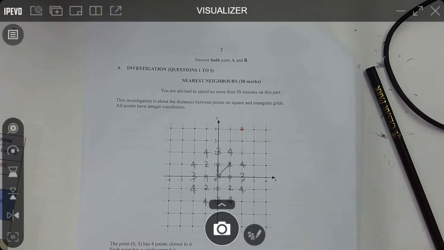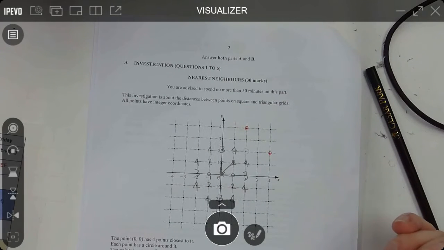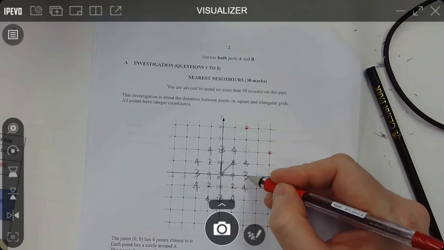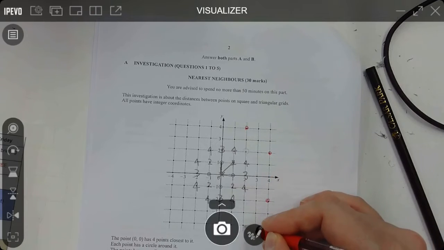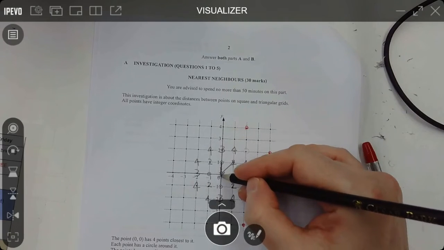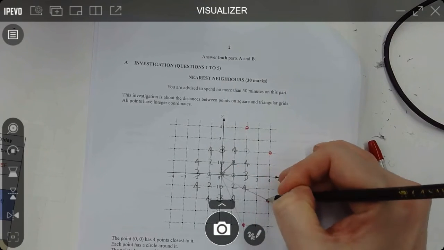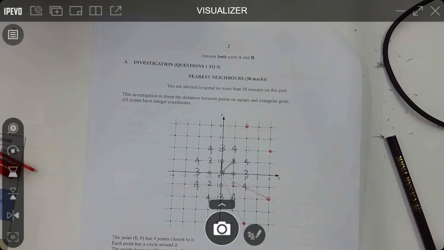So you could have 4 and 2, but it could also be here as well. And then you've got all the negative combinations. So you've got -2 and 4, 2 and -4. So you're going to go all the way around here. There are going to be 8 different ways, and all of these will give the same length. Every combination of a length of 2 and 4 will give you the same length.